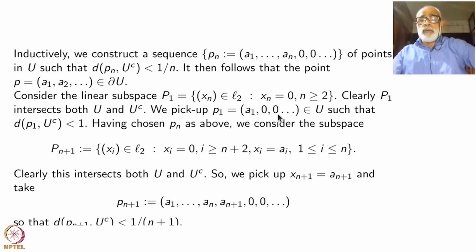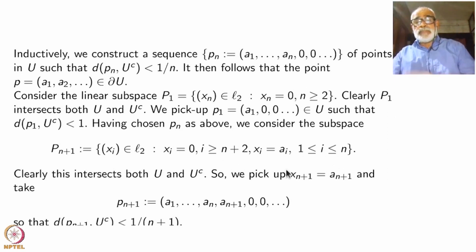So pick P1, a1 belonging to U such that the distance is less than 1. Having chosen Pn, the same thing: look at P(n+1), all xi in L2 such that the coordinates are all 0 beyond n plus 1, and xi must be ai as chosen up to the nth.